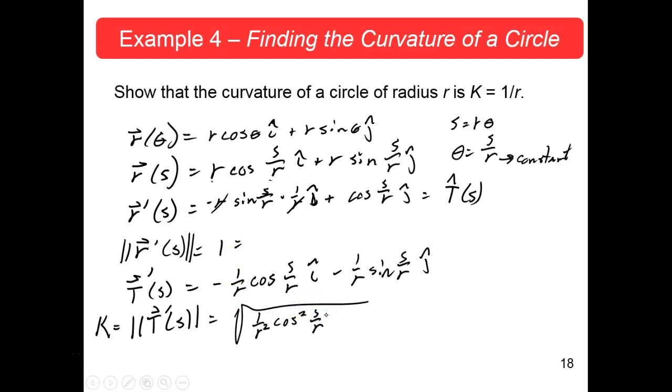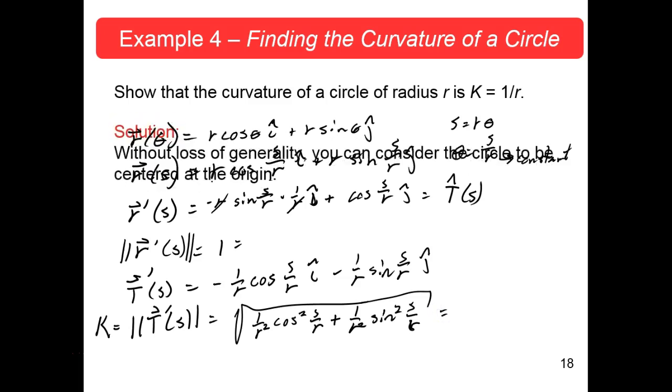Right? That's the first one. Next. Never a minus because you're squaring it, so that would be 1 over R squared sine squared S over R. I can't read my writing. Okay, so that's the magnitude of it.